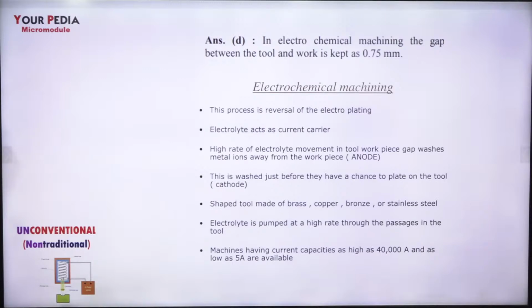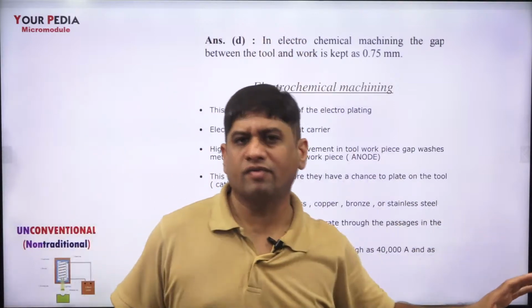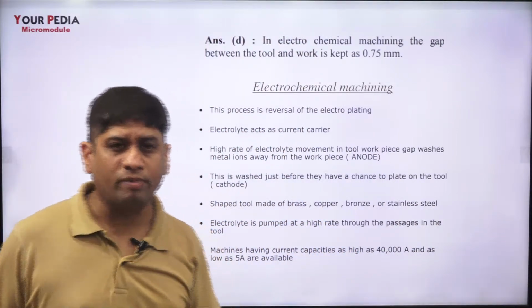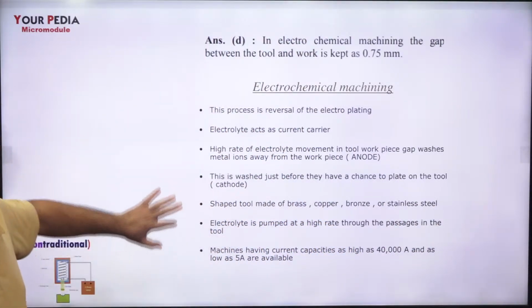Current maintained is between 5 ampere to 40,000 ampere depending upon the machining. The gap given is 0.75 millimeter. So remember the gap and all these values. In GATE kind of exams it will never be asked, but in public sector exams, these questions are normally asked.